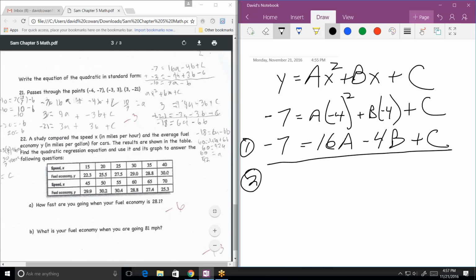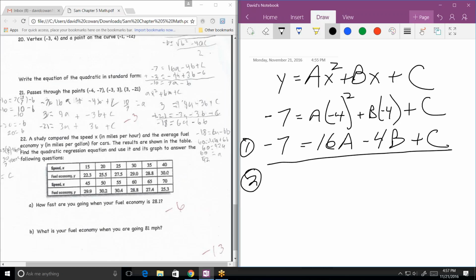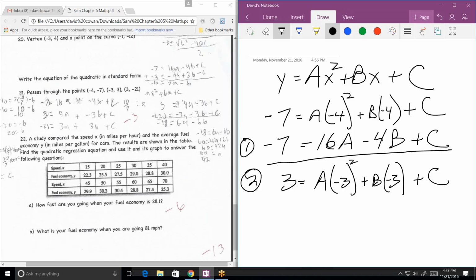What's the second equation going to be? It's going to be 3 equals a times -3 squared plus b times -3 plus c. Simplify that.